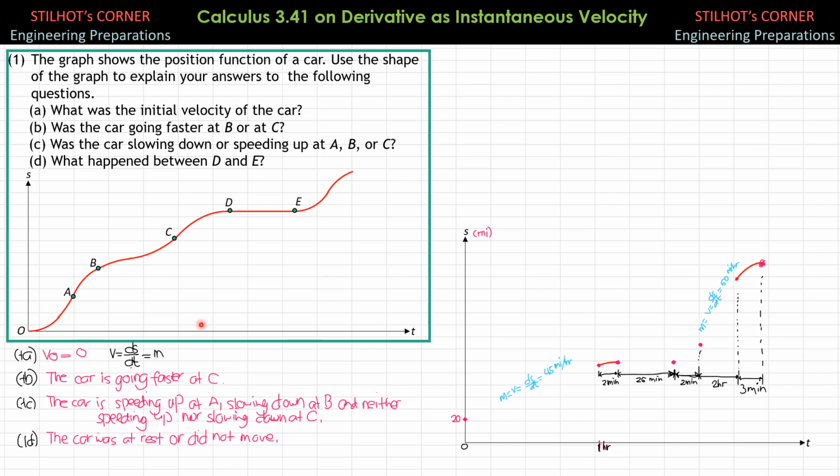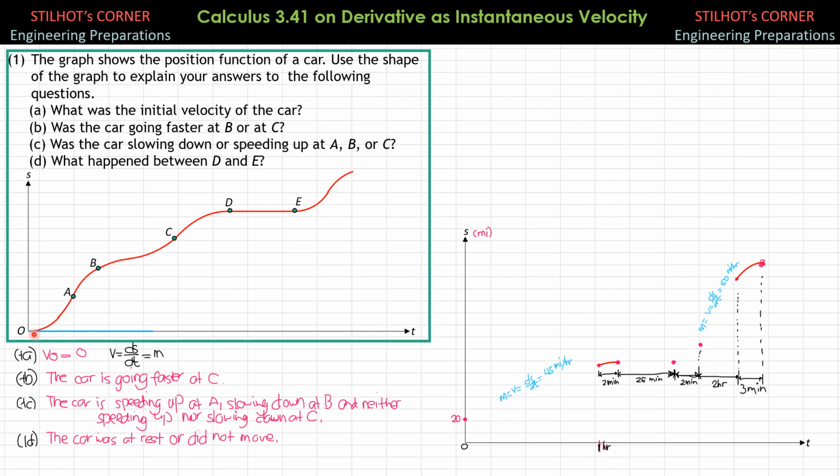So looking at this curve, the tangent at the origin is of course horizontal as shown, and therefore for a horizontal tangent the slope is 0.